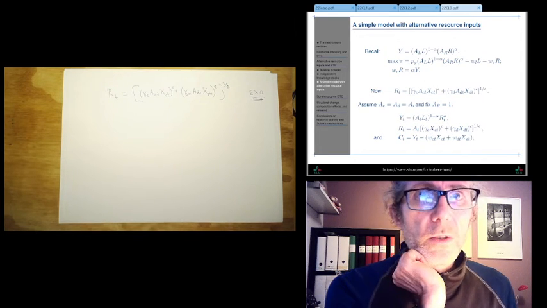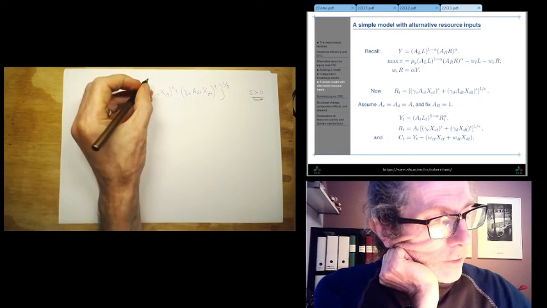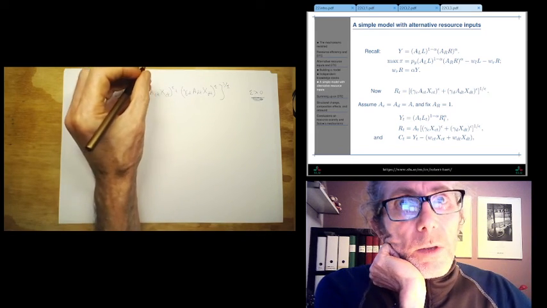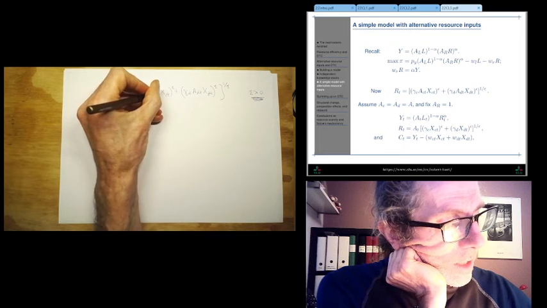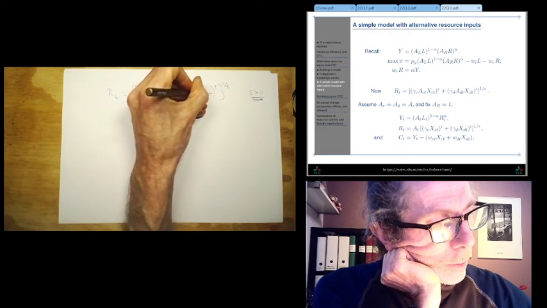And now, just to emphasize that we don't have any directed technological change, we say A_Ct and A_Dt are just fixed and equal.